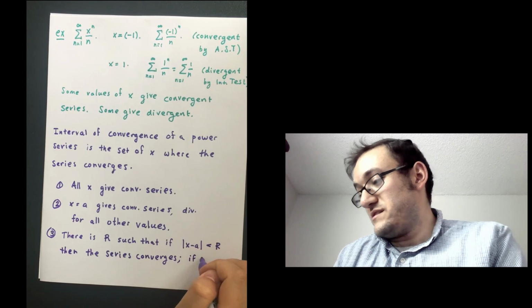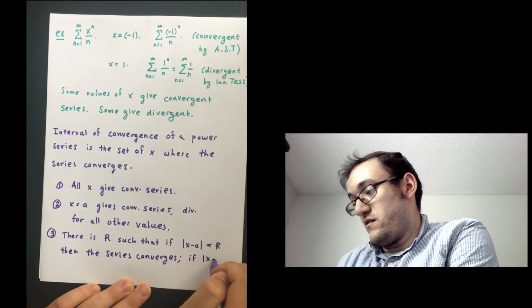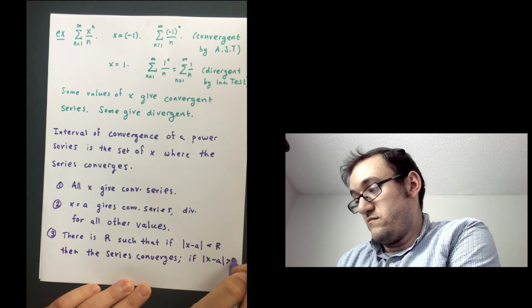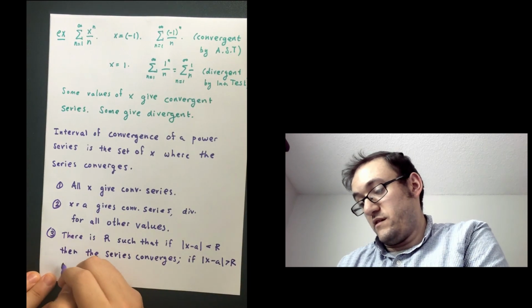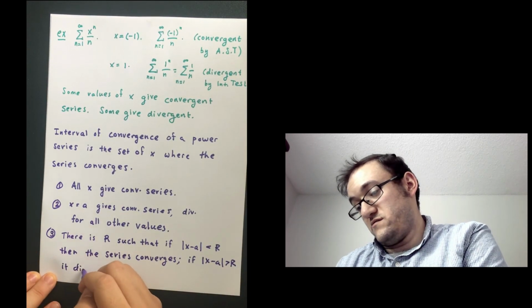If the absolute value is greater than r, it diverges.